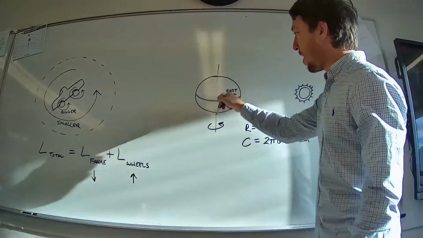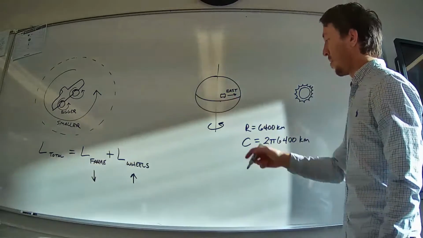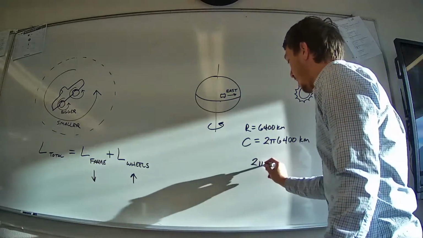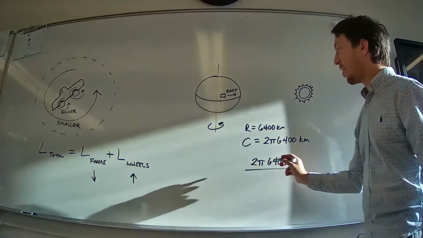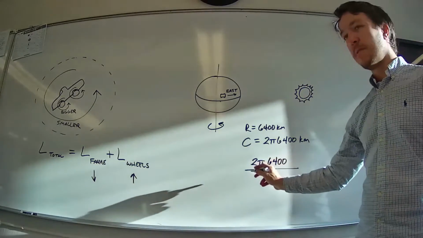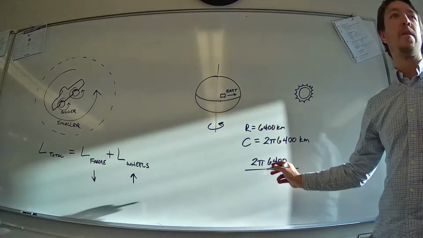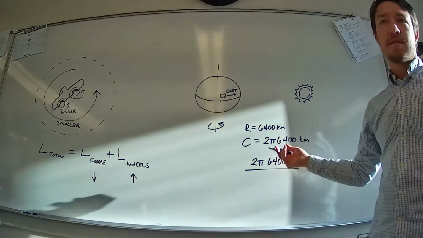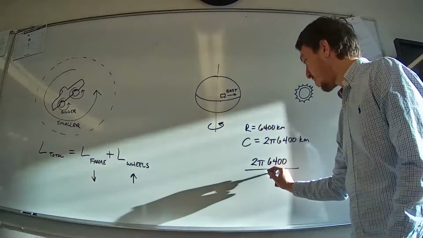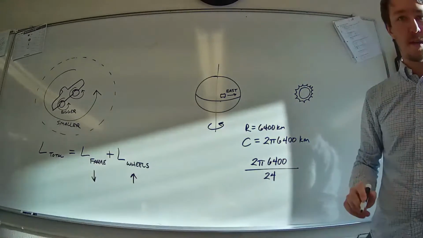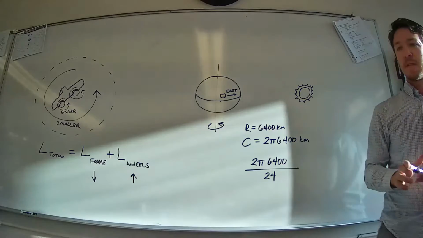And so the speed of a point on Earth would be that distance divided by, let's put it into kilometers per hour, the time. How many hours does it take to rotate around? 24.